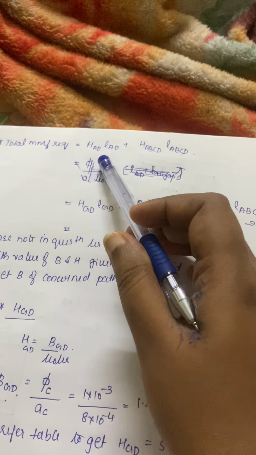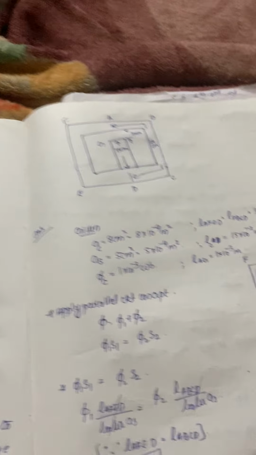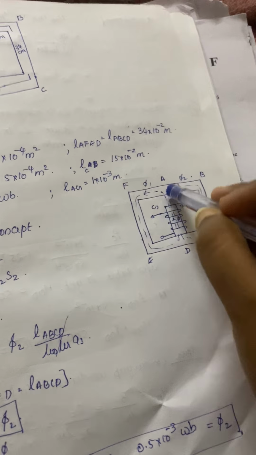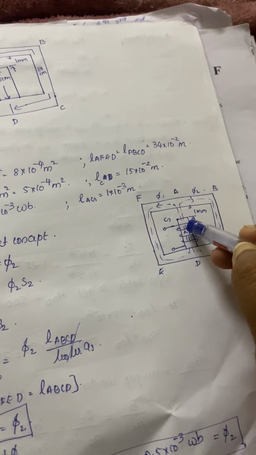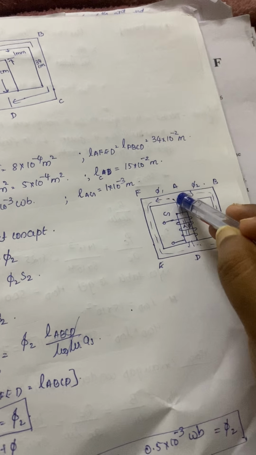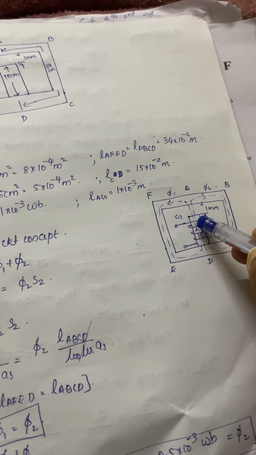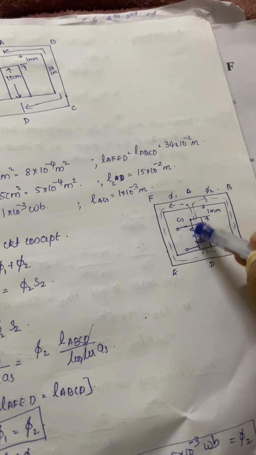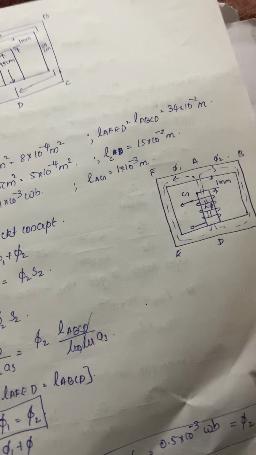Now consider the path AD. Here in the AD path you have two materials: one is the magnetizing material and the other is the air gap. So you need to write the H equation for the two paths as two different equations.